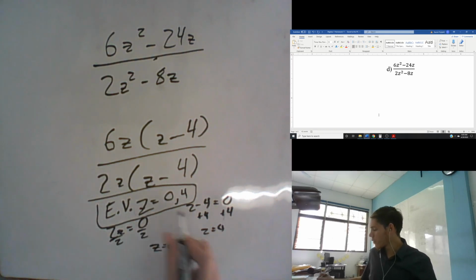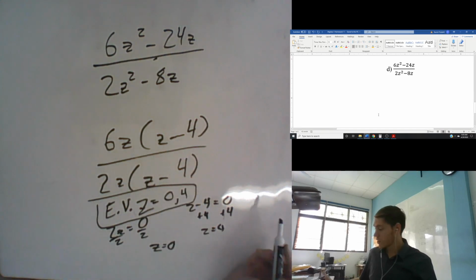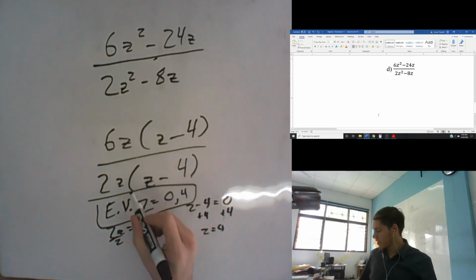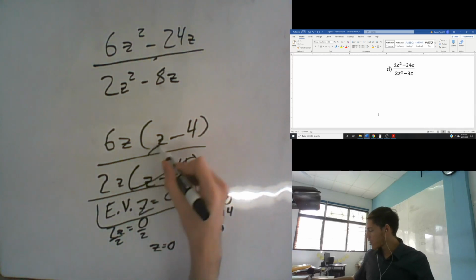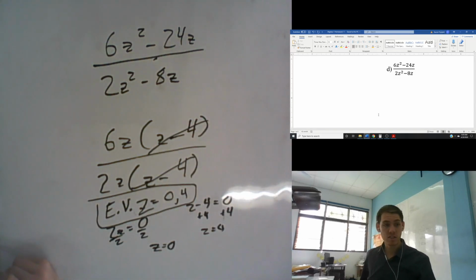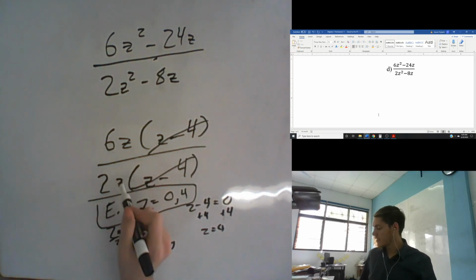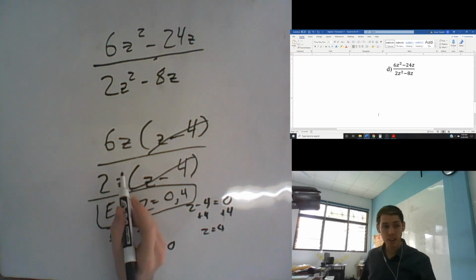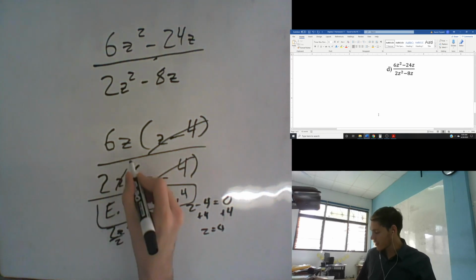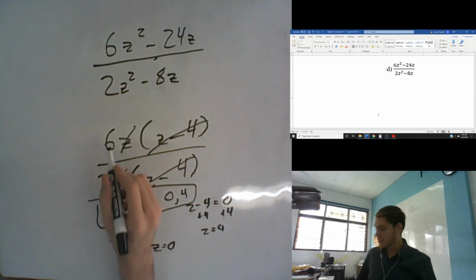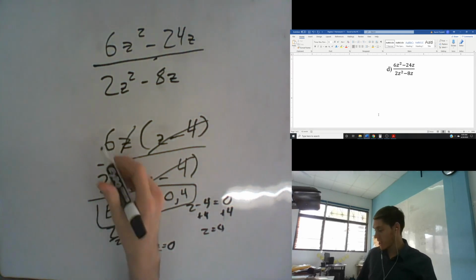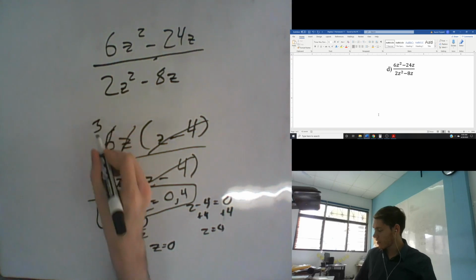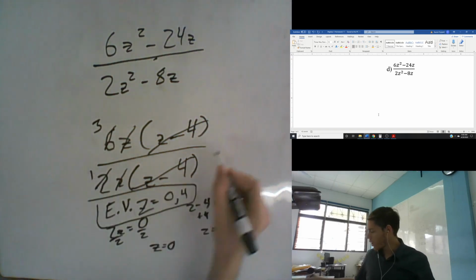Then what can simplify? Well, the z minus 4 and the z minus 4 are both factors. The z and the z are both multiplication, so we can just cancel those two. 6 and 2, how do we simplify that? Well, that becomes 3 over 1.